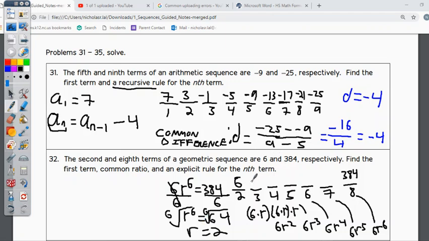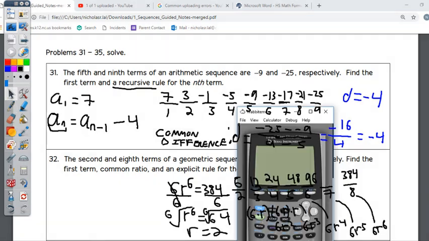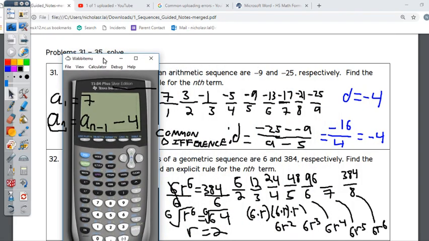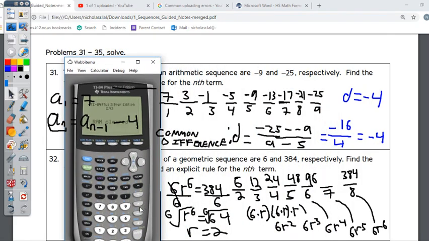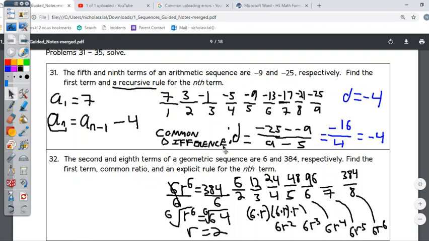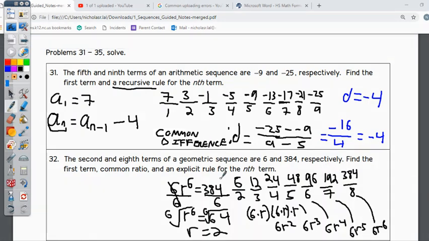So the third term would be 12, 24, 48, 96. 96 times 2 is 192, and then 384. So you're just multiplying by 2.